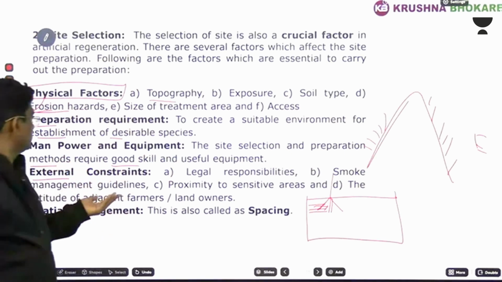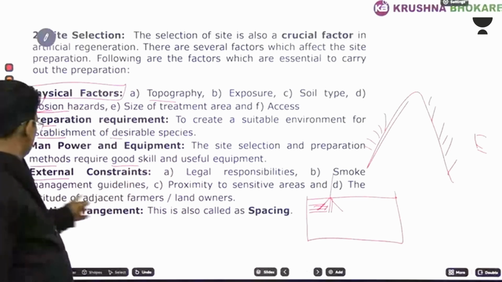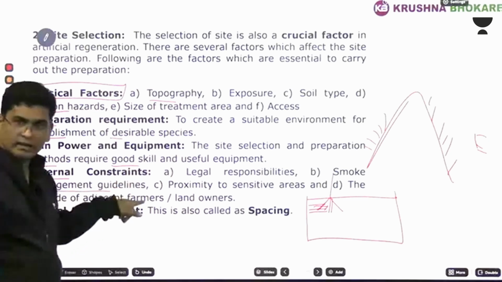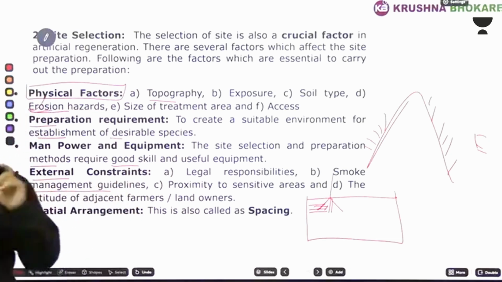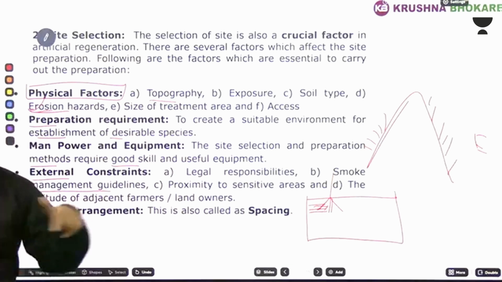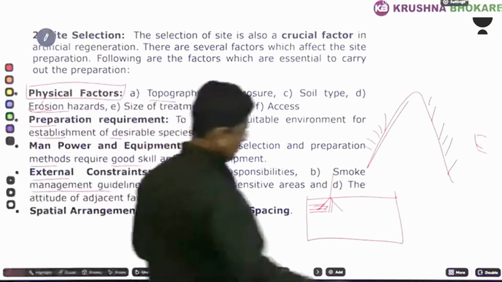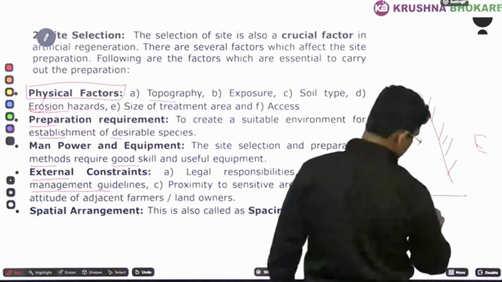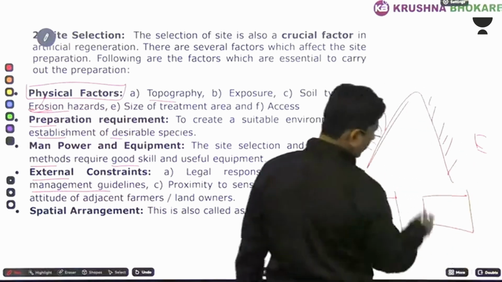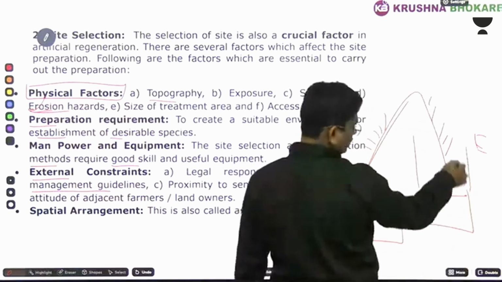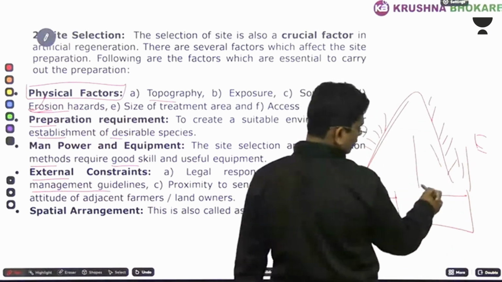Okay, like that. So smoke management guidelines, you know, one farmer I know has one land in a Tahsil place. I know that person. This is his own land, and the whole adjoining land is government land.